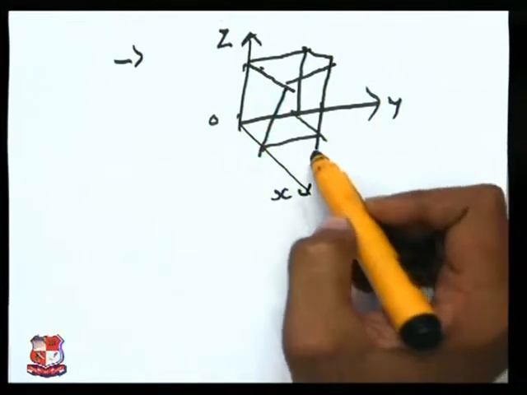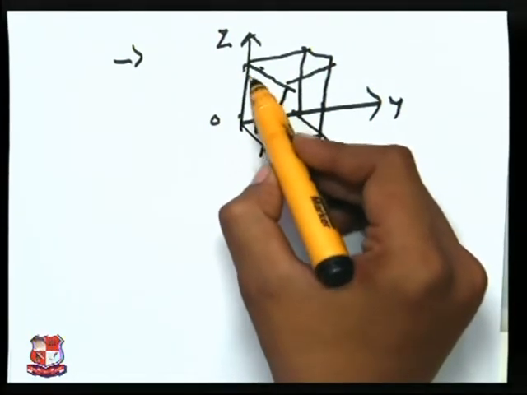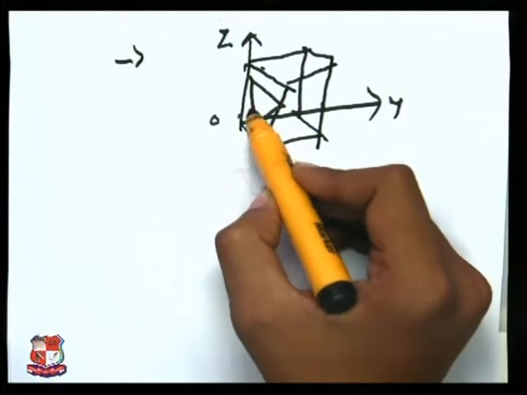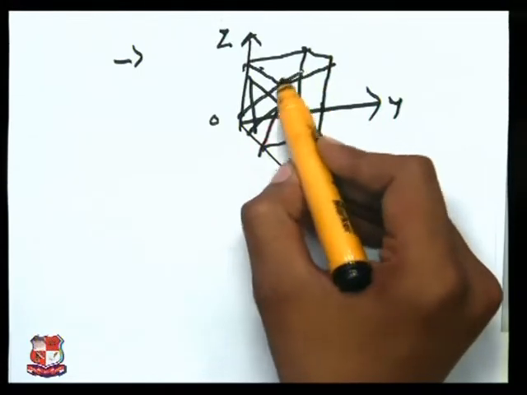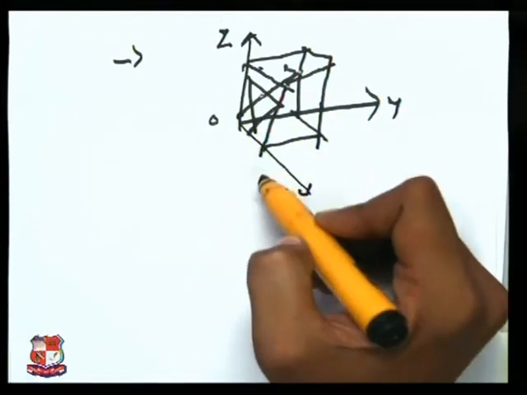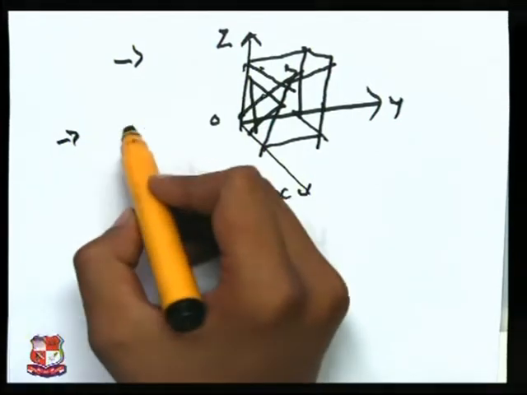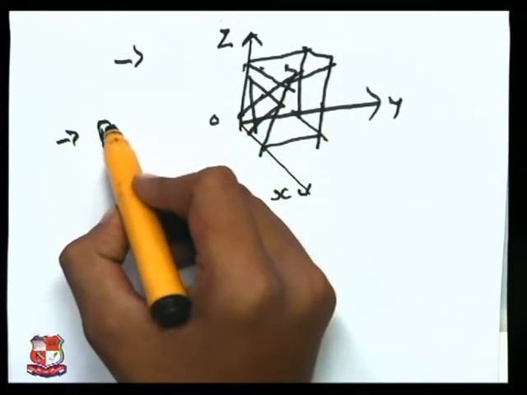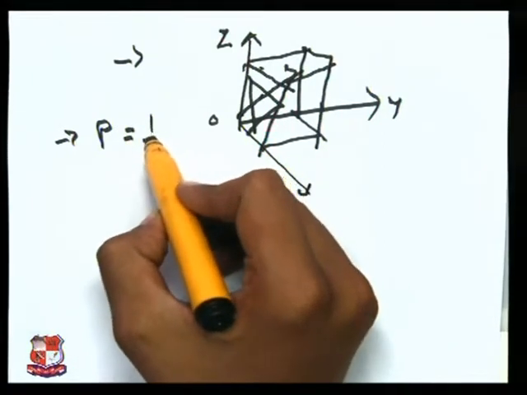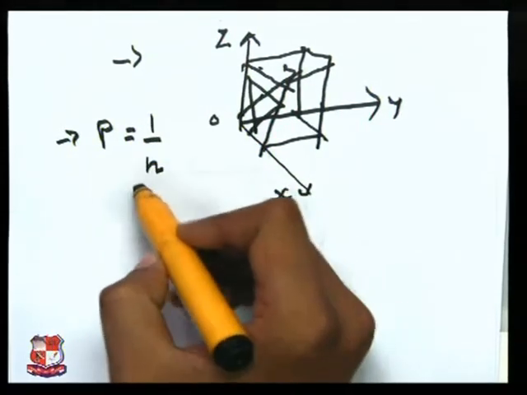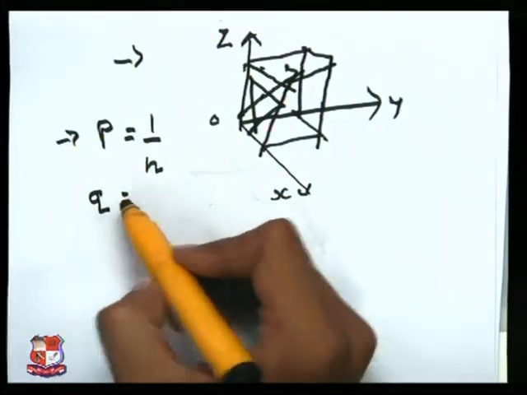Okay. Now here, if I draw one plane, then from the origin, if I draw a line passing through that crystal, the distance between them can be represented as P, which is equal to 1 upon h. In the same manner, Q is the intercept.